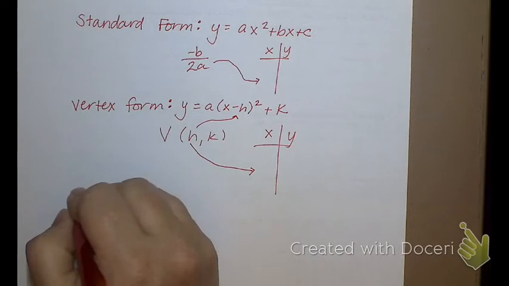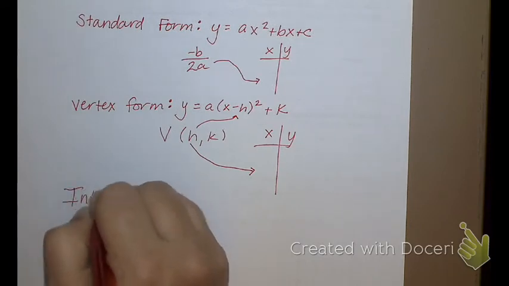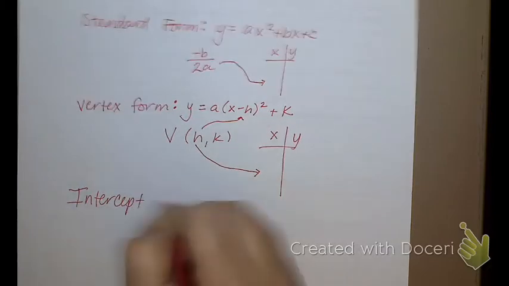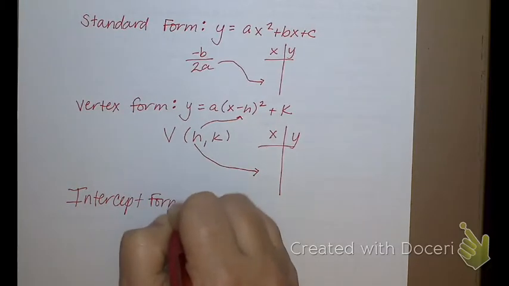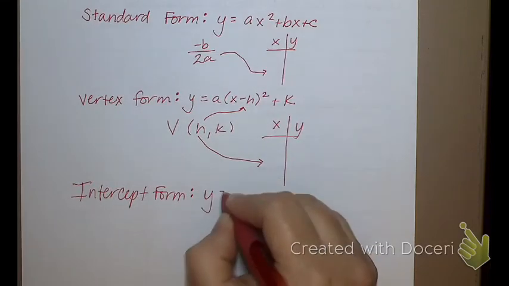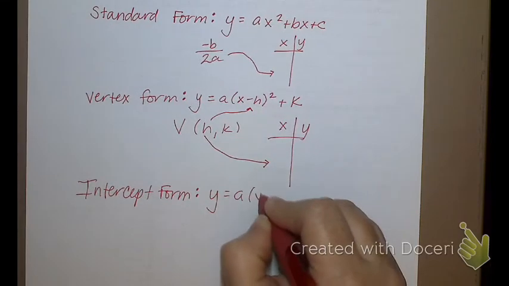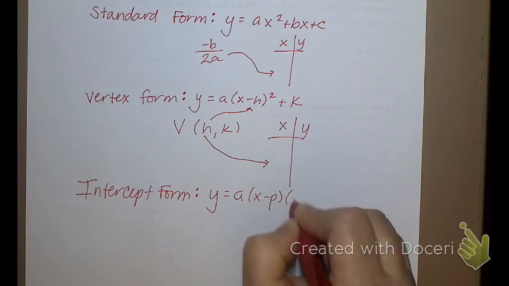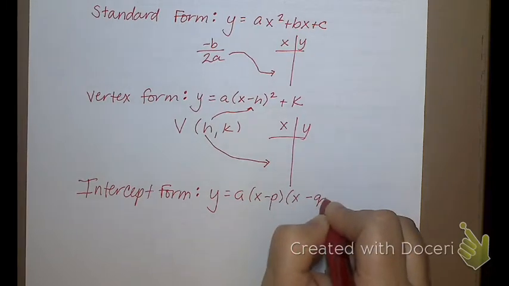And then finally, what you tested on yesterday was called Intercept Form, and that was y equals a times x minus p times x minus q.